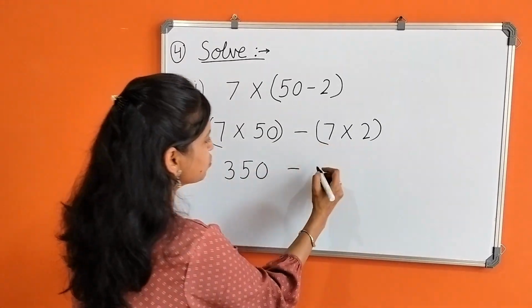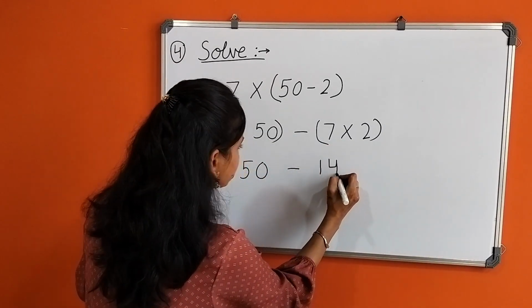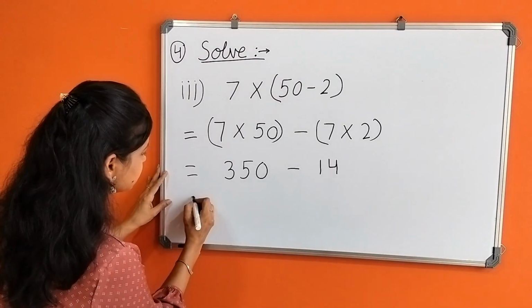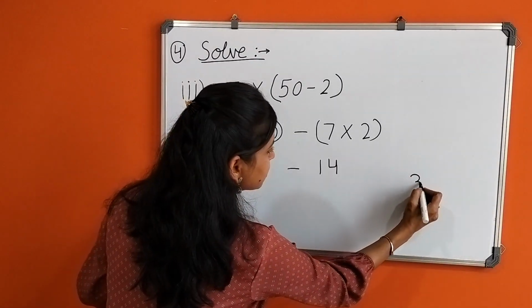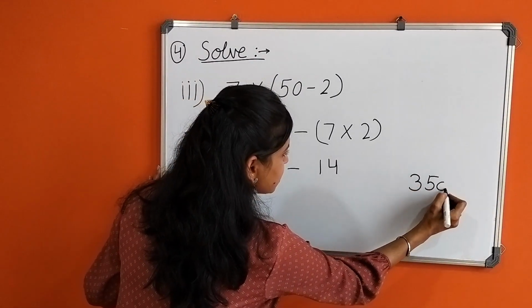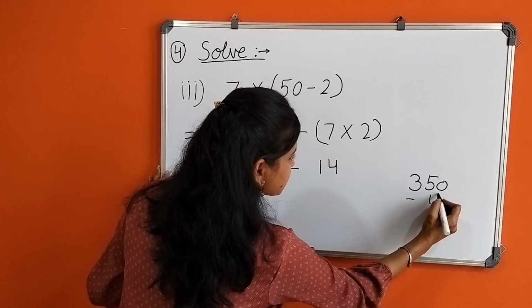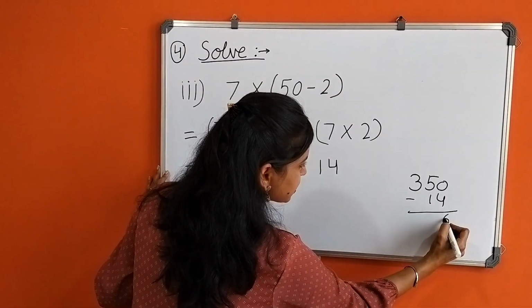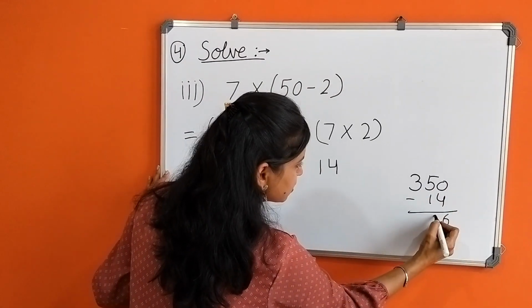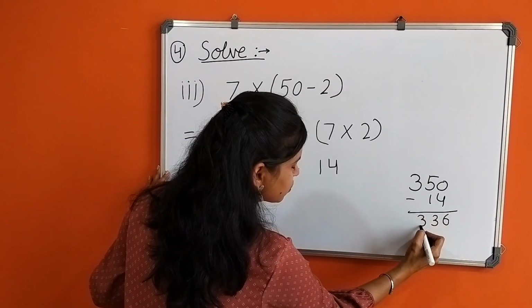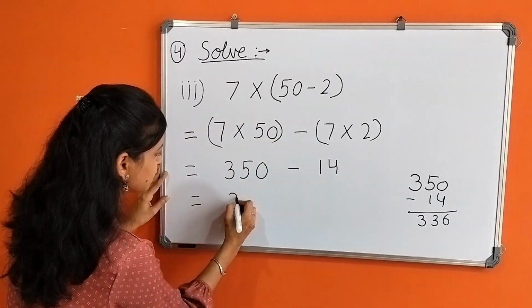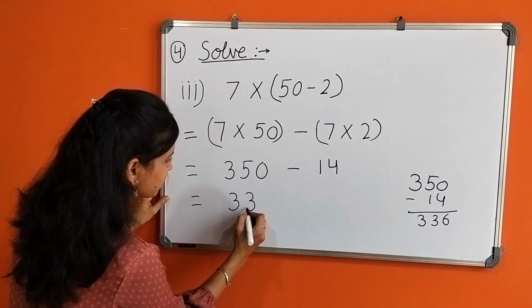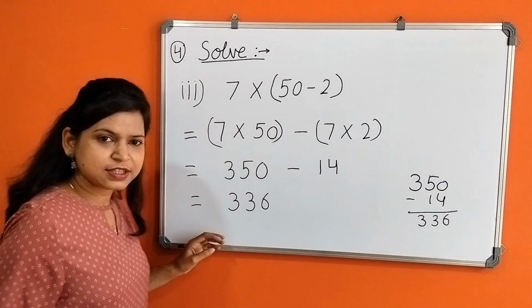Minus 7 2s are 14. Now simply subtract. 350 minus 14. 10 minus 4, 6. 4 minus 1, 3. 3. 336. This is our answer.